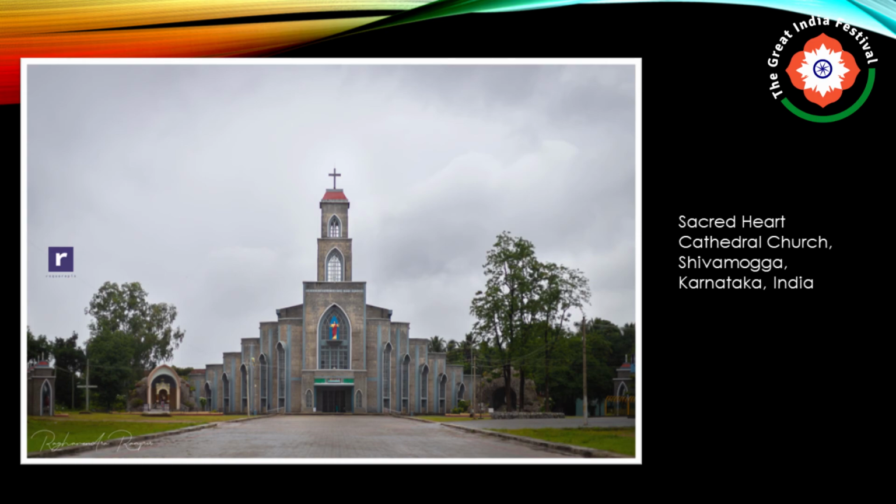It's a Catholic church spread over 18,000 square feet, and the structure is incredibly built in Roman and Gothic styles, and houses a big prayer hall with space for 5,000 people. However, a statue of Jesus is the salient feature of the church, attracting people in large numbers. It is a beautiful place to visit in Shivamogga.